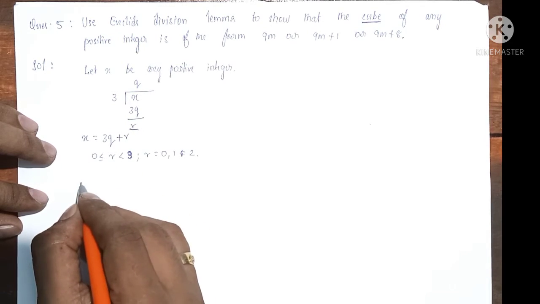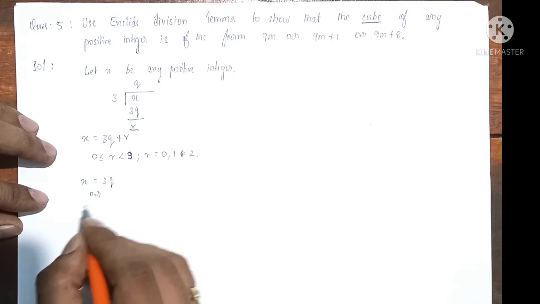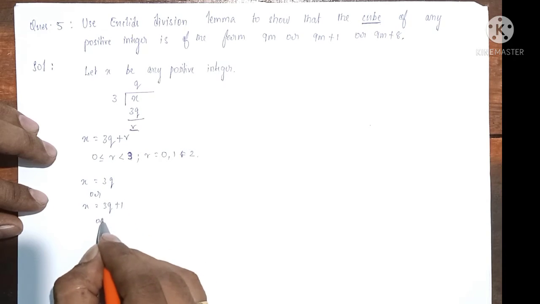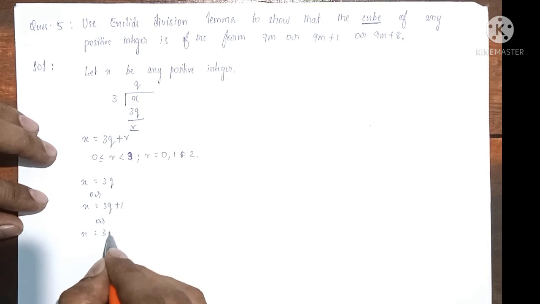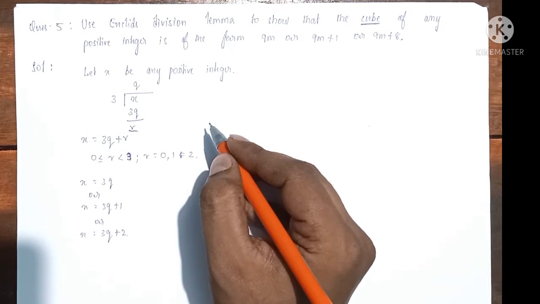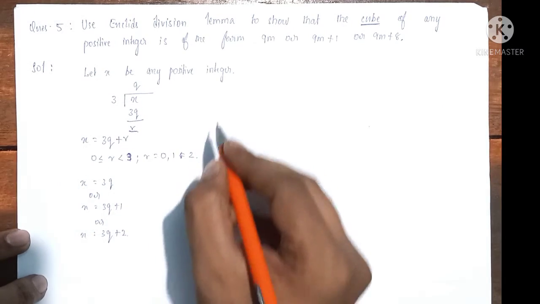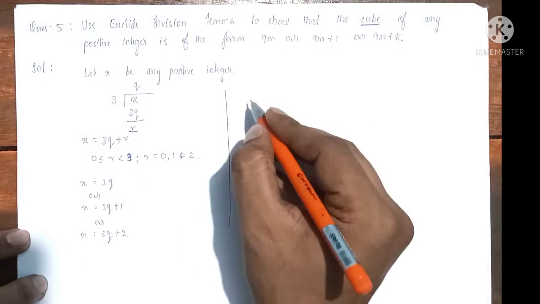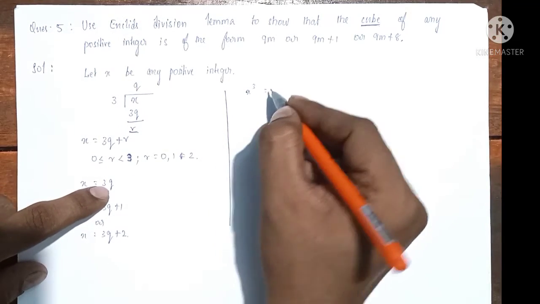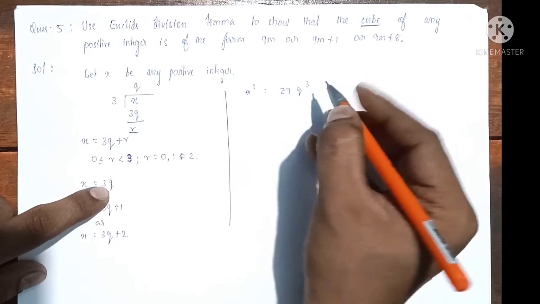By substituting the values of r, x can be 3q or 3q plus 1 or 3q plus 2. Now we have to find the cube of these values. First, x cube is equal to 3q whole cube, that will be 27q cube.